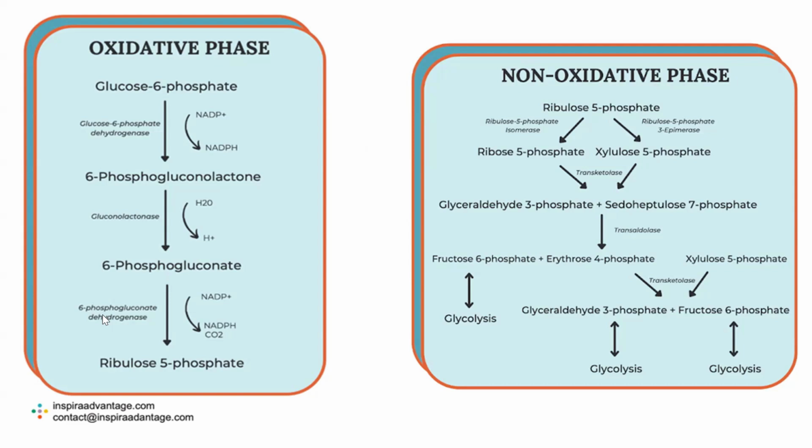And then the xylulose 5-phosphate and erythrose 4-phosphate, using the same enzyme transketolase, generate another molecule of glyceraldehyde 3-phosphate and fructose 6-phosphate. The glyceraldehyde 3-phosphate and fructose 6-phosphate can also be channeled to glycolysis because they are all biomolecules that are needed for glycolysis.